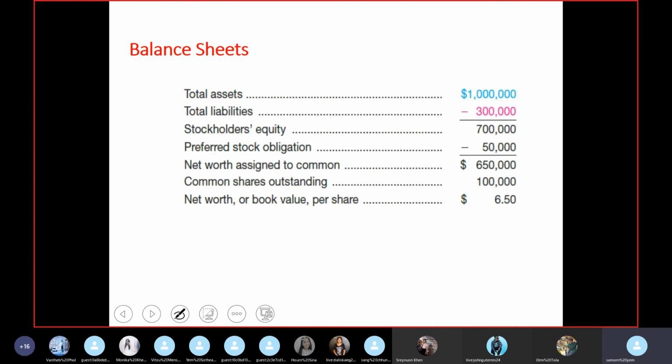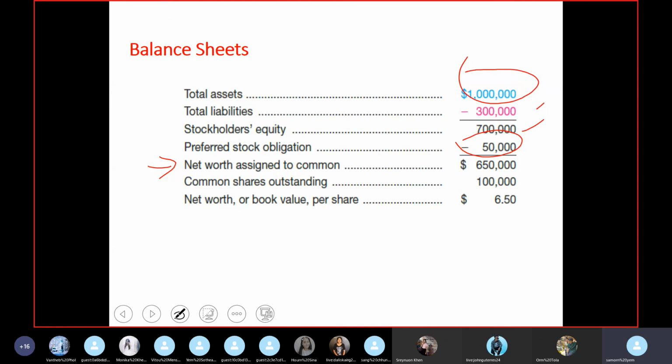So you can look again from the assets. Total assets are 1 million minus liability. It is 700,000, the stockholder equity, and you minus the preferred stock obligation or dividend. It is 15,000, and then we arrive at the net worth assigned to common stock.